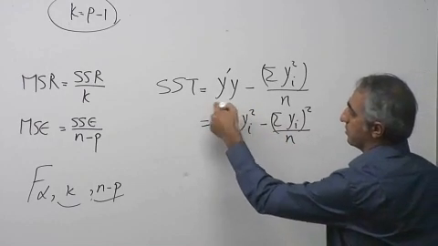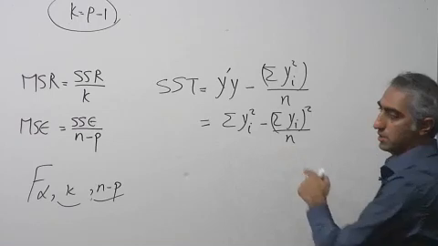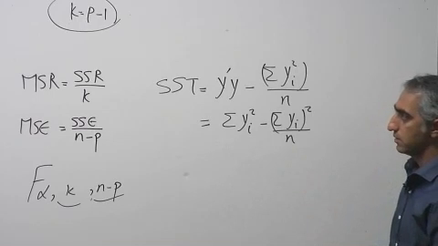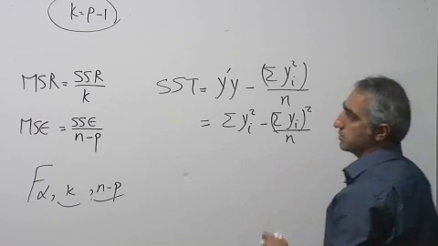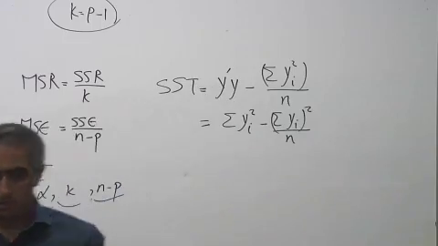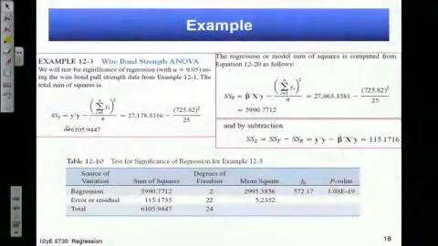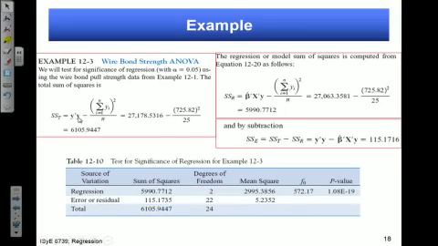This is vector notation. This is individual notation. So in this case, in our example, y transpose y is this guy minus this component. It gives me 6105.94 for sum of squares of total.